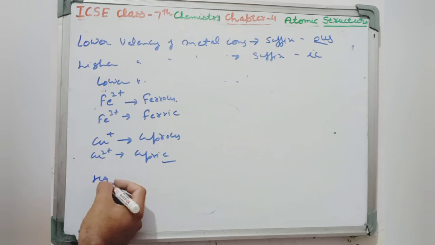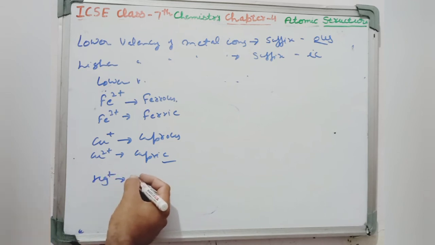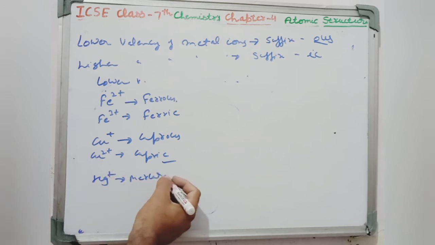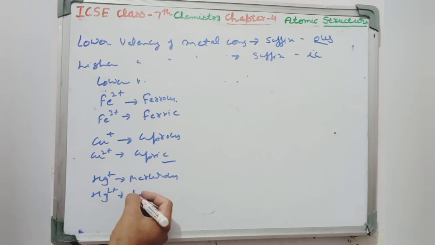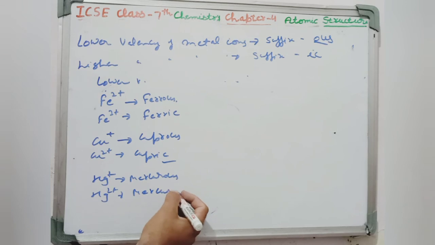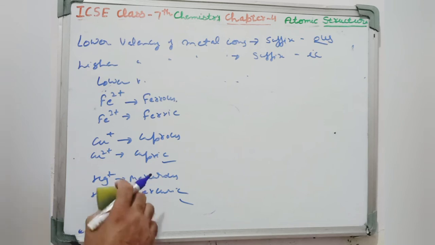If I write Hg+, this is one, mercurous. If I write Hg2+, this is mercuric. So this was your -ous and -ic formula, right?